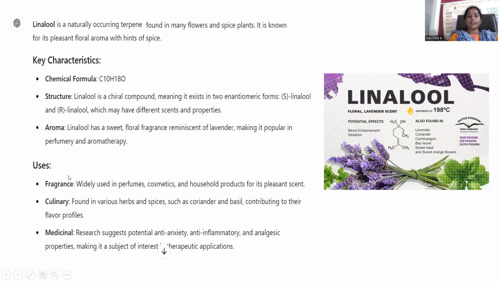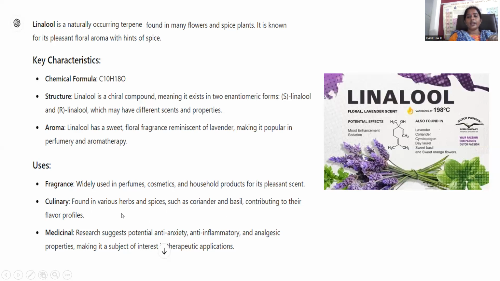Okay, now we will go with its applications. Fragrance, right? So being aroma smell is located, it is exhibiting fragrance and used in perfumes, even cosmetics, household products. In that also we can apply this lavender linalool, right? Culinary, found in various herbs and spices, coriander and basil, contributing to their flavor profiles.